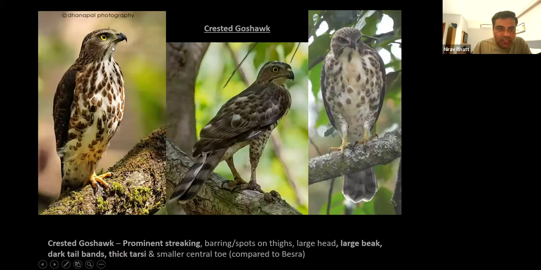Very strong beak, strong head, robust body, thick tarsi, thick digits of the toe, prominent tail bands, again very thick tarsi, markings on the thigh, thick tarsi, prominent gular stripe, and robust head and robust build. The central toe here is much slimmer and much longer in Besra.